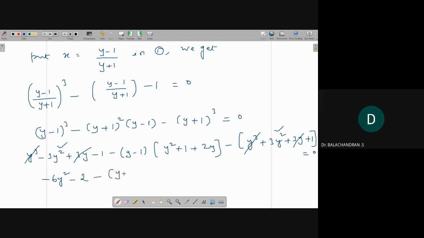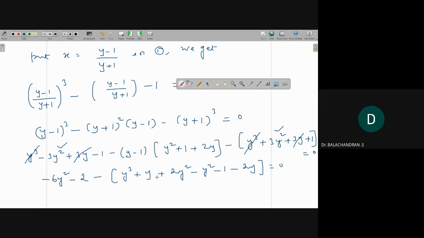I need to take the product: y cube plus y plus y cube plus y plus 2y square minus y square minus 1 minus 2y is equal to 0.